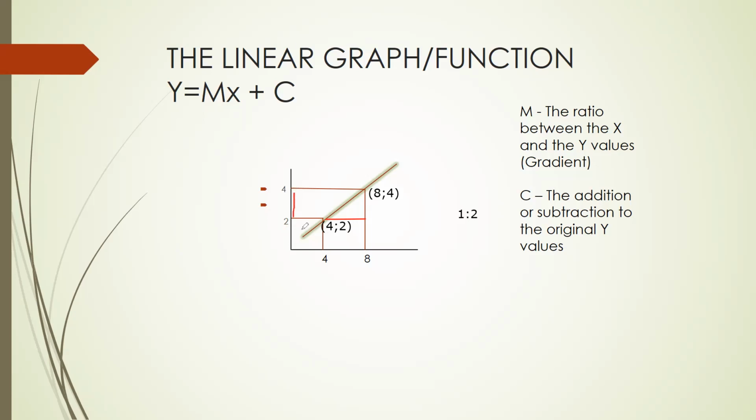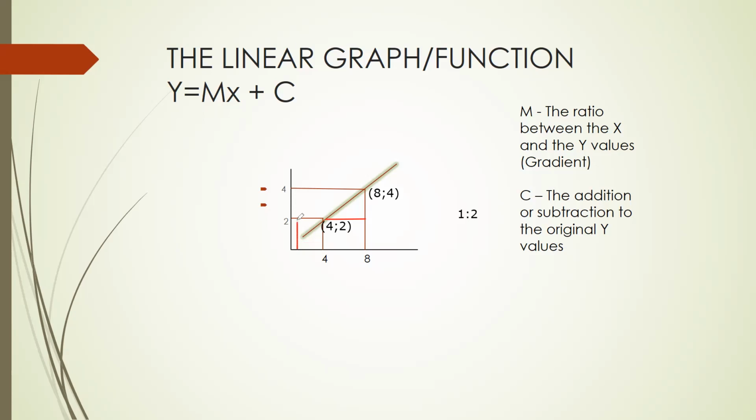For every time x moves 4 times, y moves twice. Whatever the y value is, being multiplied by 2 gives you the x value. That means whatever the x value is, being multiplied by a half will give you the y value.